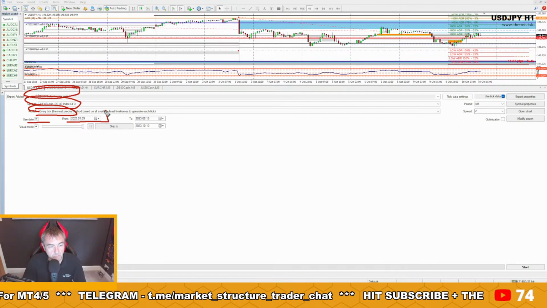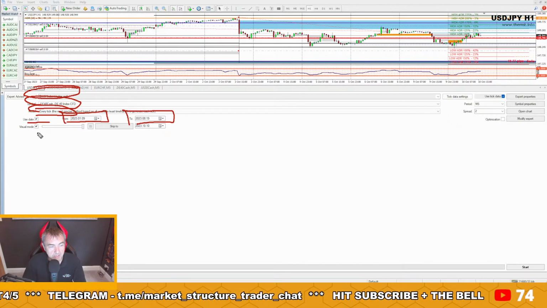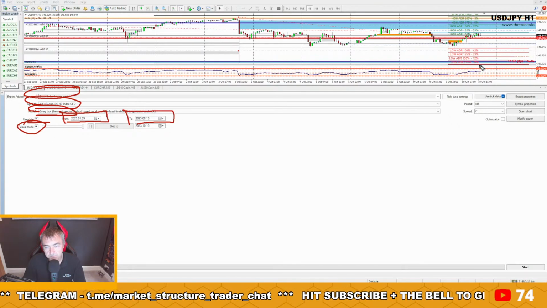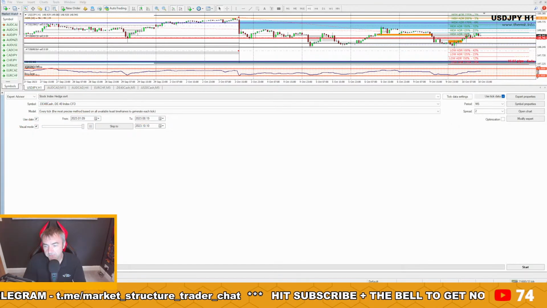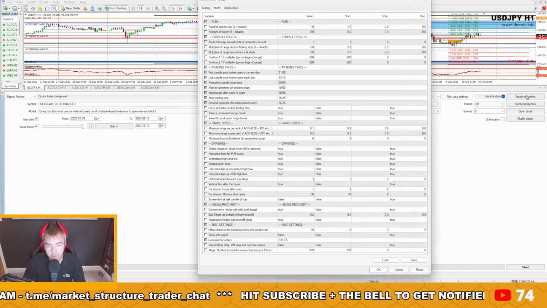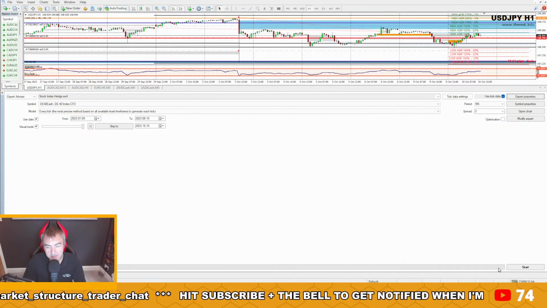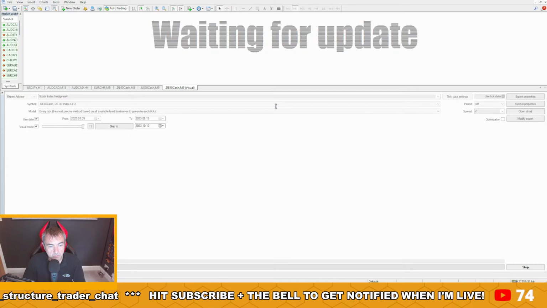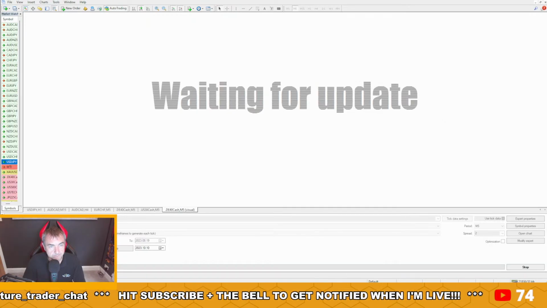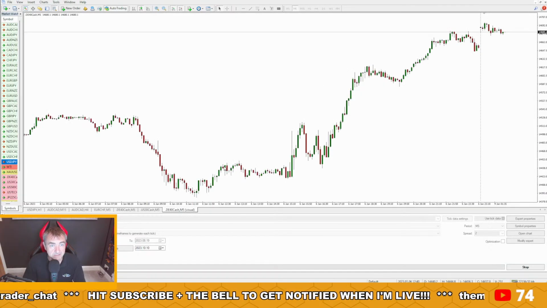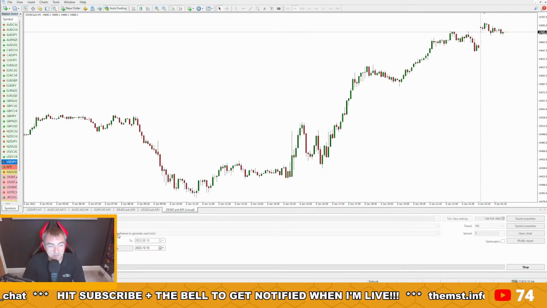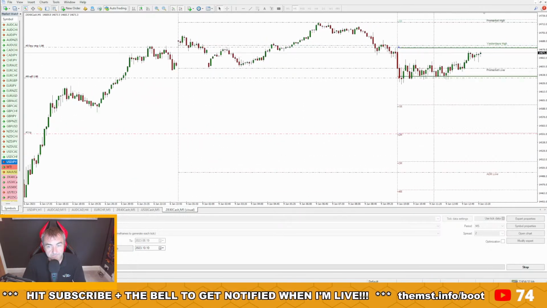You select the date you want to test. And if you set it in visual mode, it will go on there. The settings are all in expert properties. So you just set it up as you want to. And literally hit the start button and watch it. That's it. It's that easy. So yeah, it is easy.